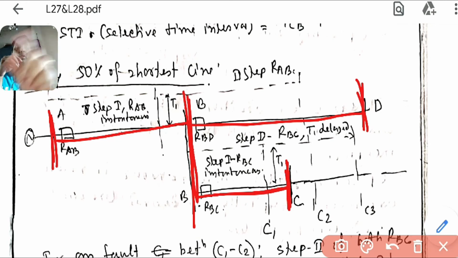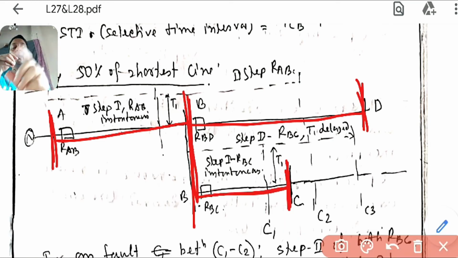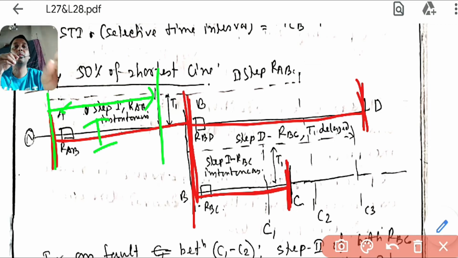So the second setting, what we have told, we will take 50% of the shortest line, plus the entire 100% of the original line. Suppose I am talking about AB. So now I am writing the step 1 and step 2. For AB, which one is step 1? This is step 1, the first step: 80 to 90% of the line AB. So here there is no intentional time delay. If any fault is there, it will trip. Next, the second step.